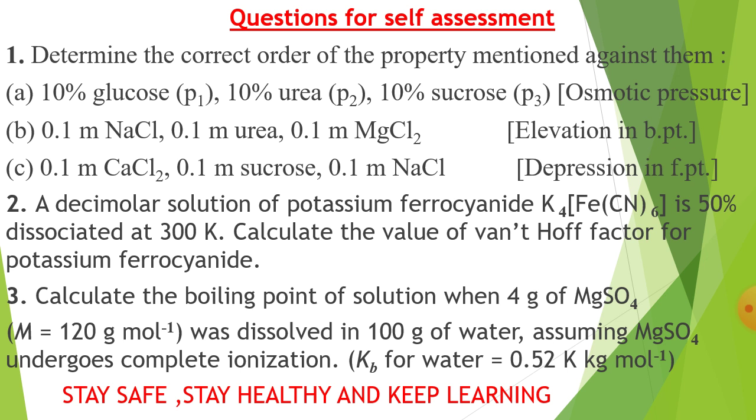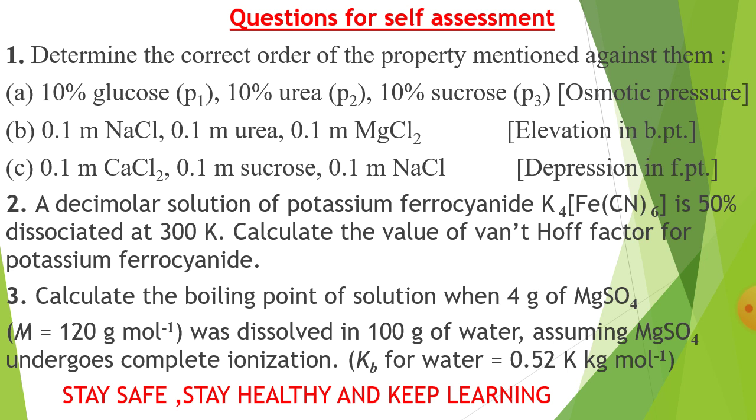Second case: 0.1 m NaCl, 0.1 m urea, 0.1 m MgCl2. For this question you have to find the order of elevation in boiling point. In the third case: 0.1 m CaCl2, 0.1 m sucrose and 0.1 m NaCl. For this you have to find the correct order for depression in freezing point.